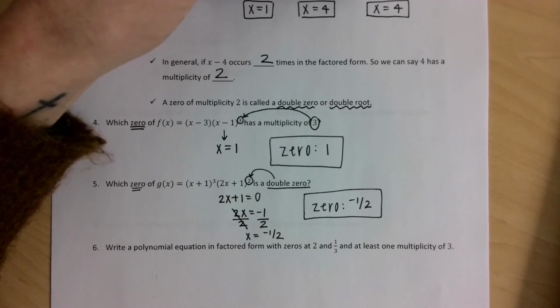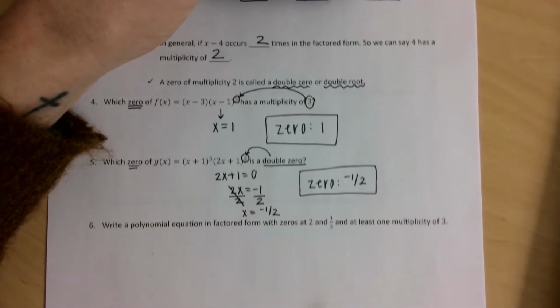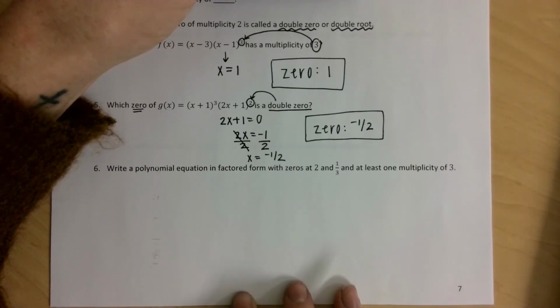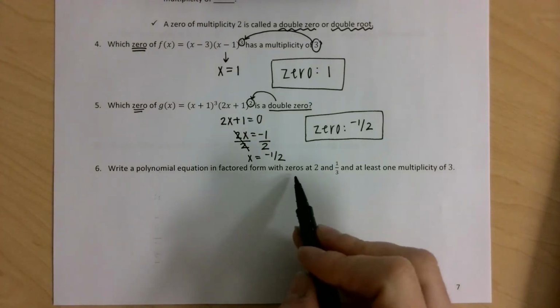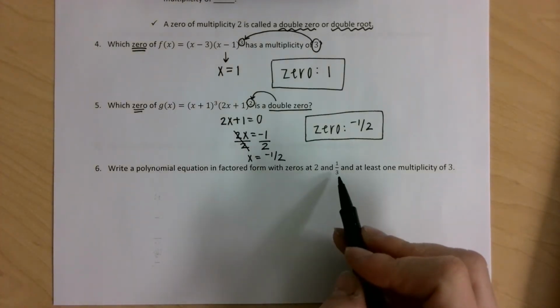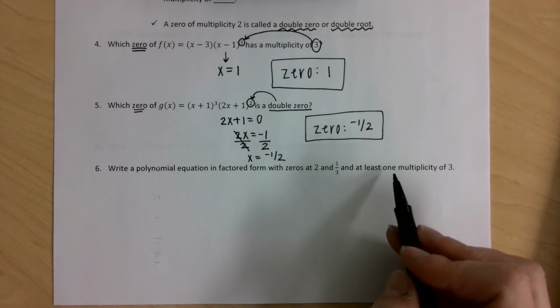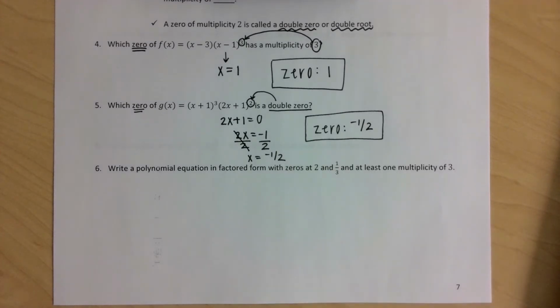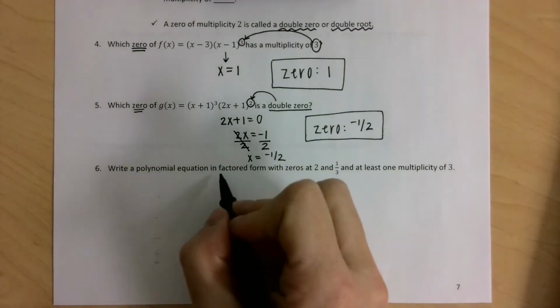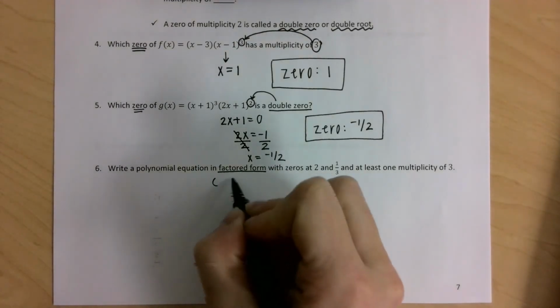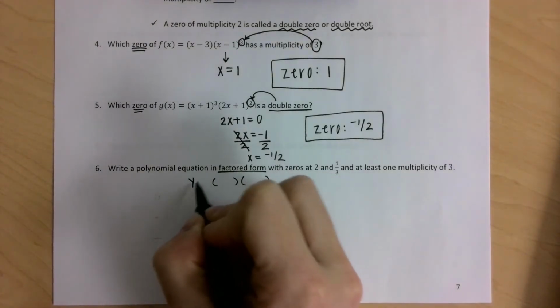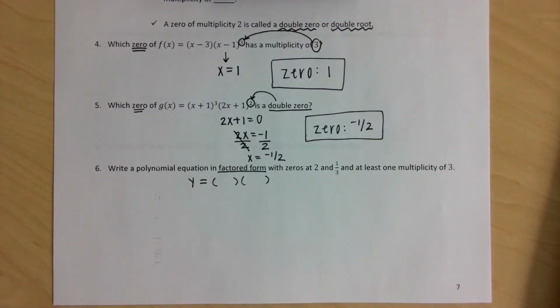All right, number 6 says, write a polynomial equation in factored form with zeros at 2 and 1/3, and has at least one multiplicity of 3. So I'm writing my own equation, and factored form means that I need to have a bunch of parentheses. So here's kind of a form of what we're going to end up with.